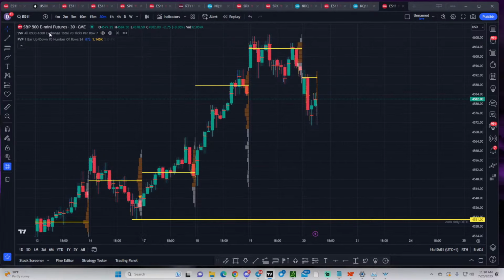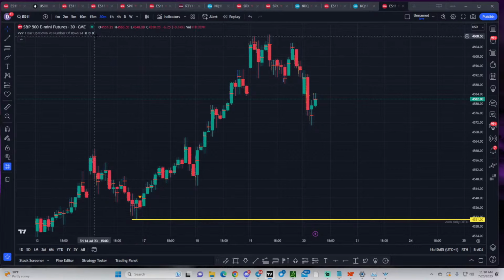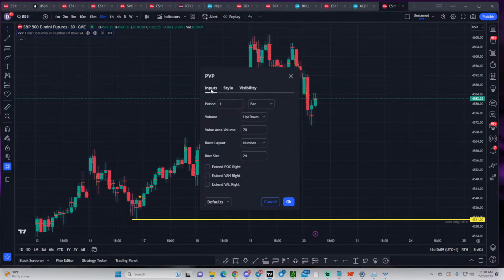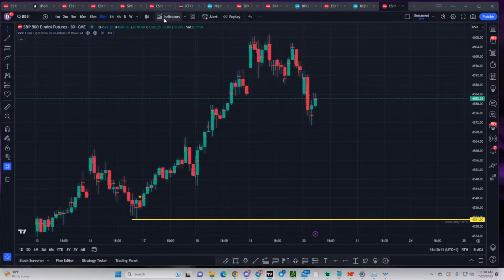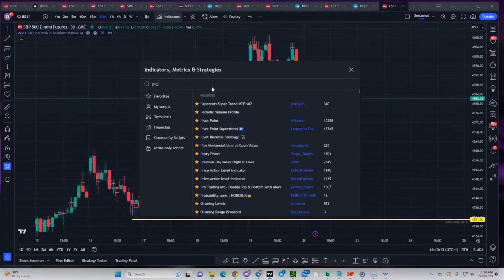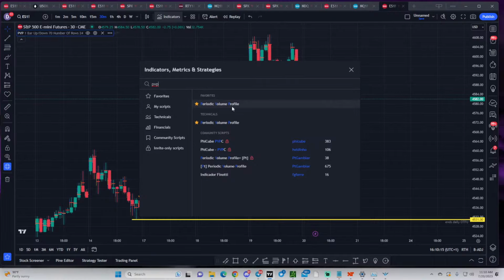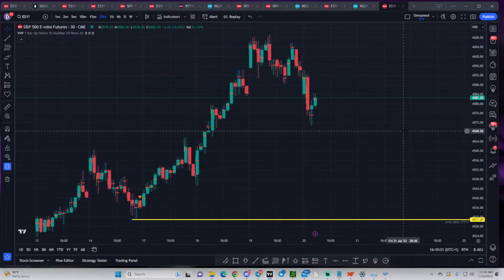So we're going to cancel the first one, and we're gonna do the one that says PVP. So you can just type indicators, PVP, it gives you periodic volume profile. Okay, so that's how you get the volume profile in TradingView.